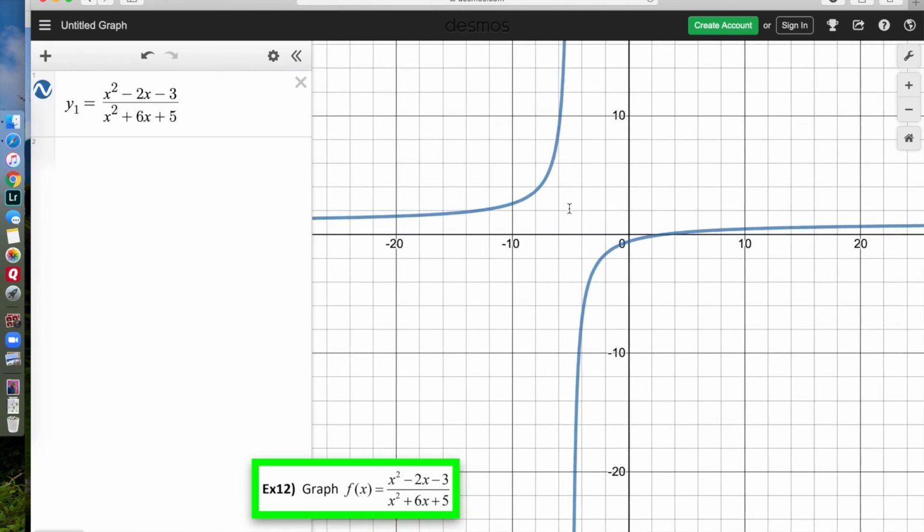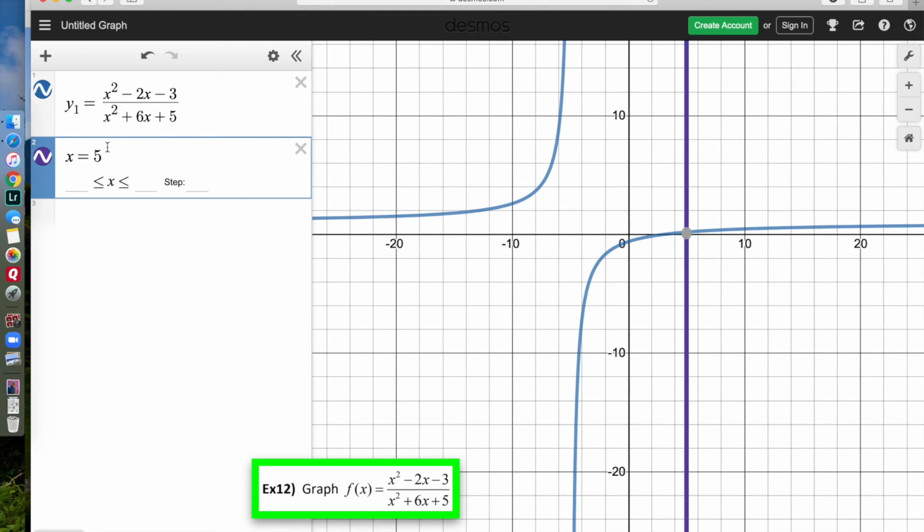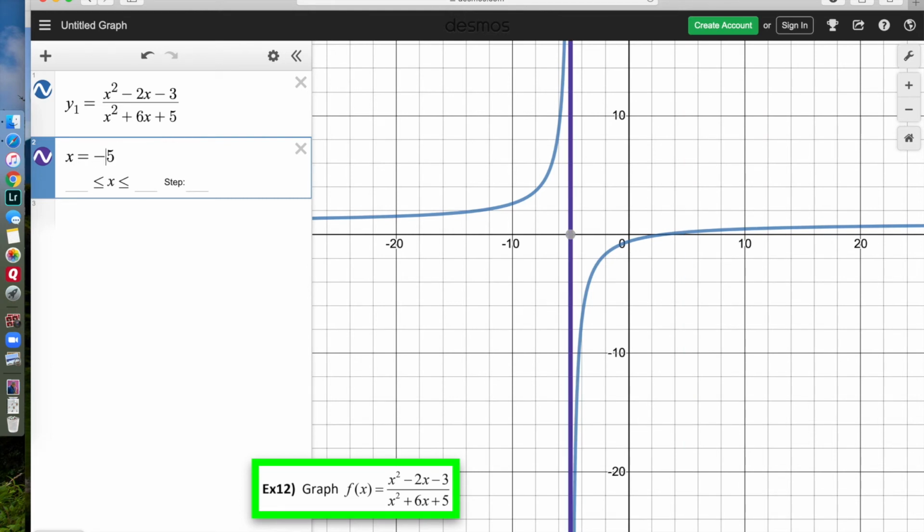I see here that it looks like I have a vertical asymptote at x equals 5. So let me just check that. X equals 5. Oops, -5. That didn't even make sense, did it? You were like, what is she talking about?